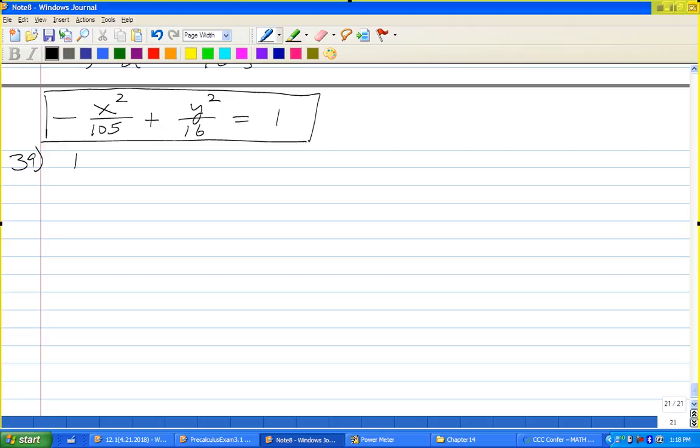The foci are plus or minus 8, 0. And the length of the real axis is 6. I know that the center is the midpoint of the foci, which is the origin.